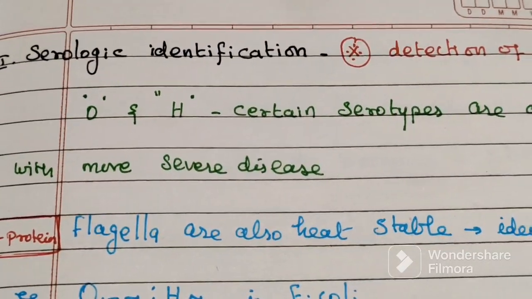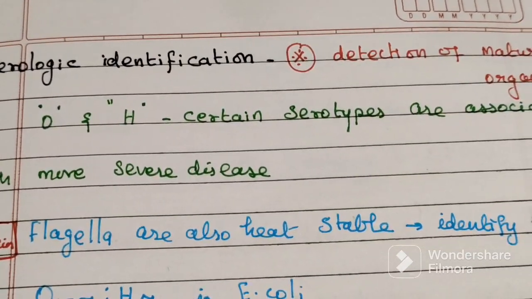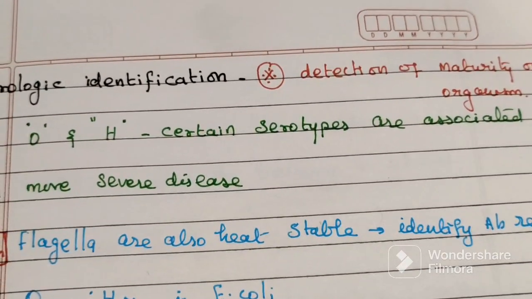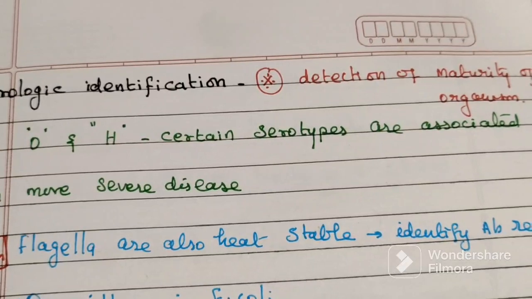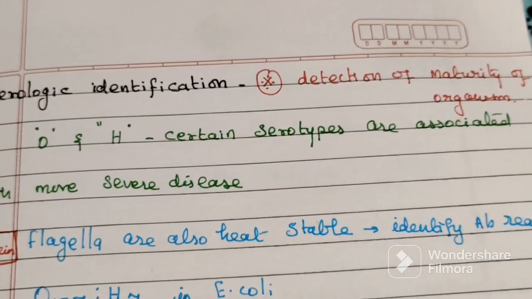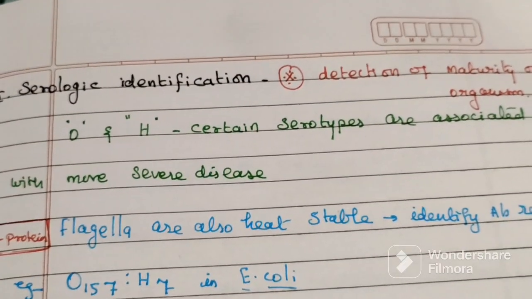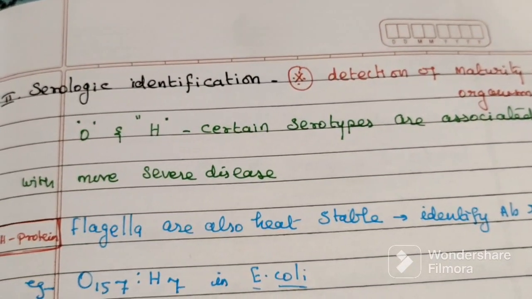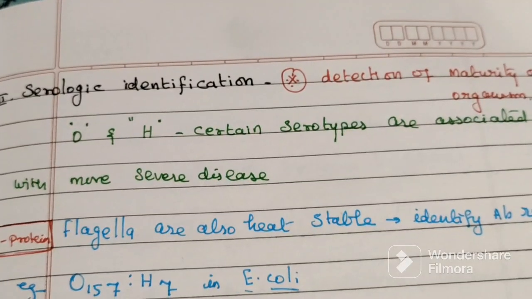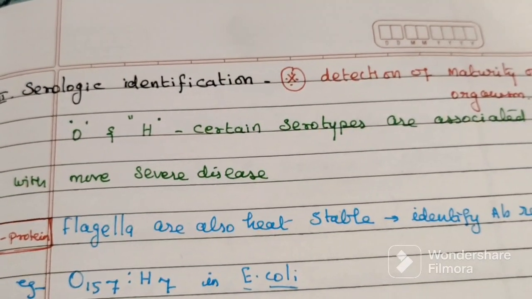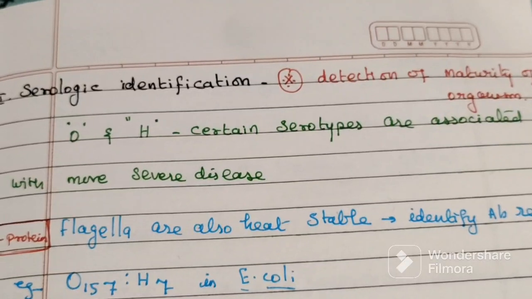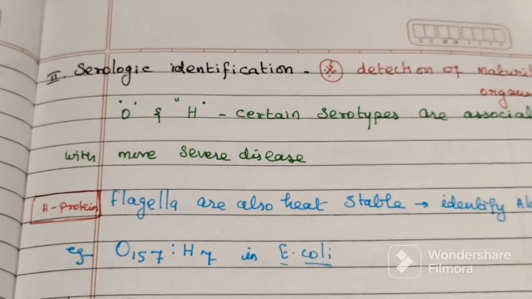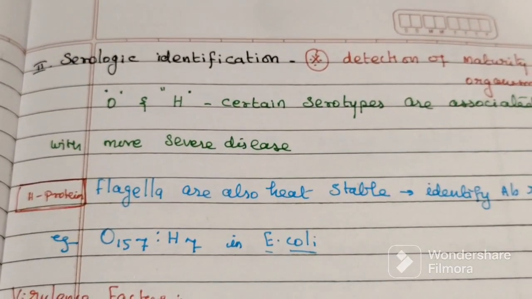Serological identification is important for detection of this organism. Certain O and H antigen serotypes are associated with severe diseases. The O polysaccharide, the outermost portion of LPS, has strain-specific antigens present in each genus and species.